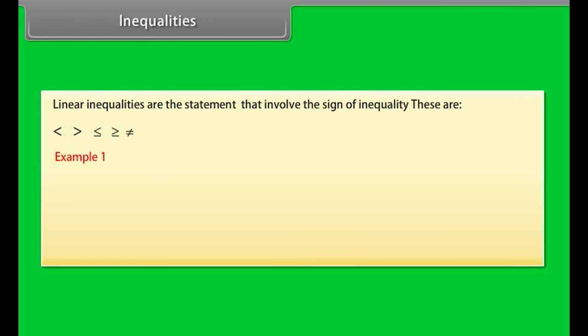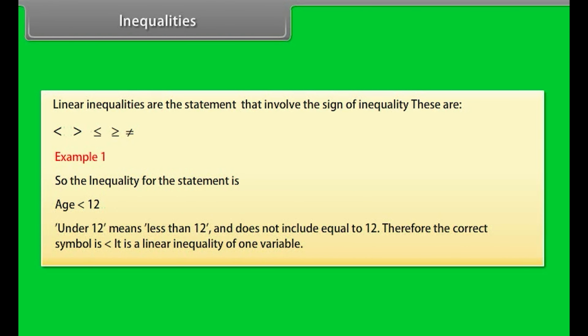To enter a junior writing competition, you must be under 12 years old. So, the inequality for the statement is age is less than 12. Under 12 means less than 12 and does not include equal to 12. Therefore, the correct symbol is less than. It is a linear inequality of one variable.